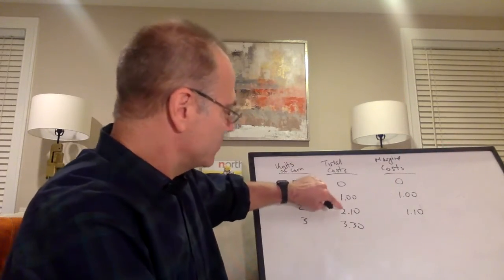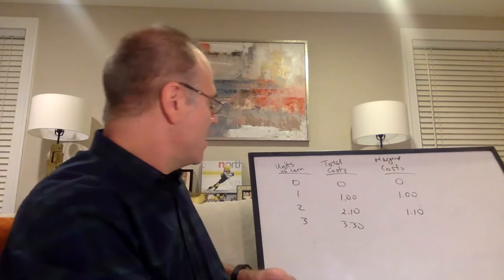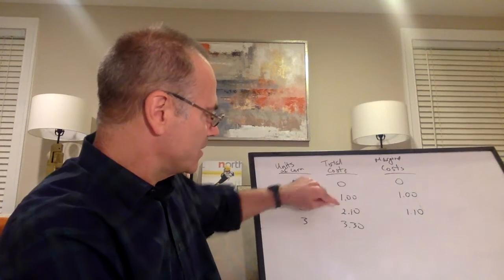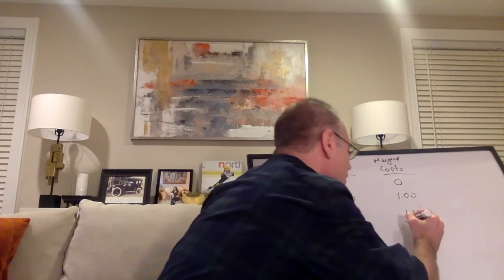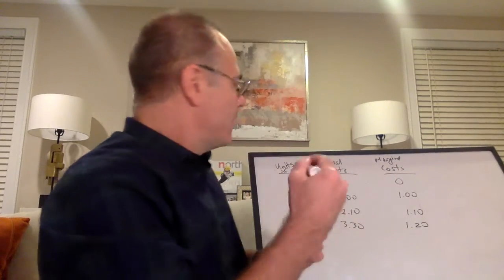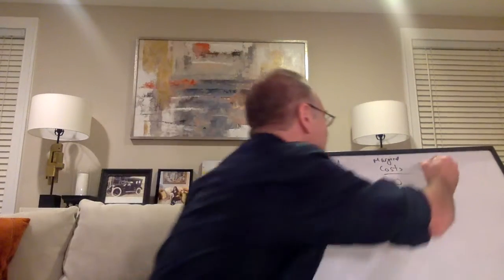And the answer is $2.10 minus $1, $1.10. Okay, how about the marginal cost if we go from 2 to 3? It's $3.30 minus $2.10, that equals $1.20.